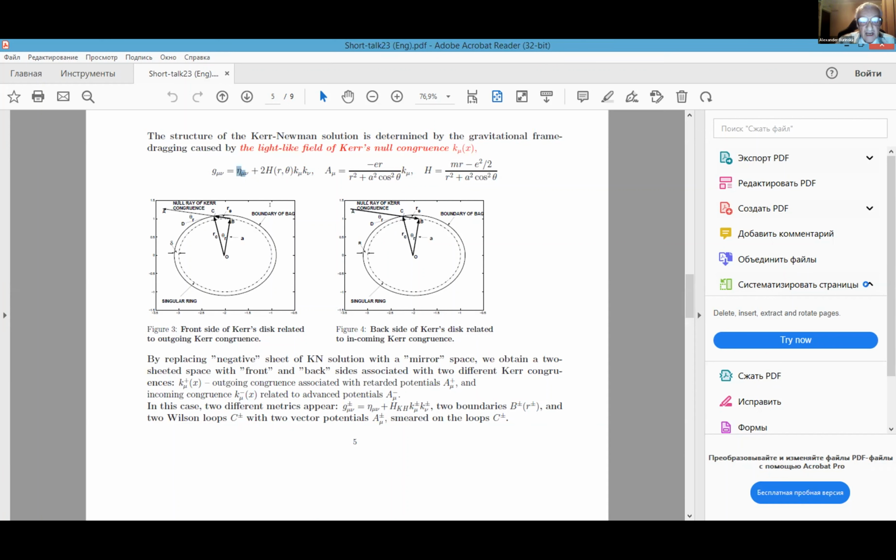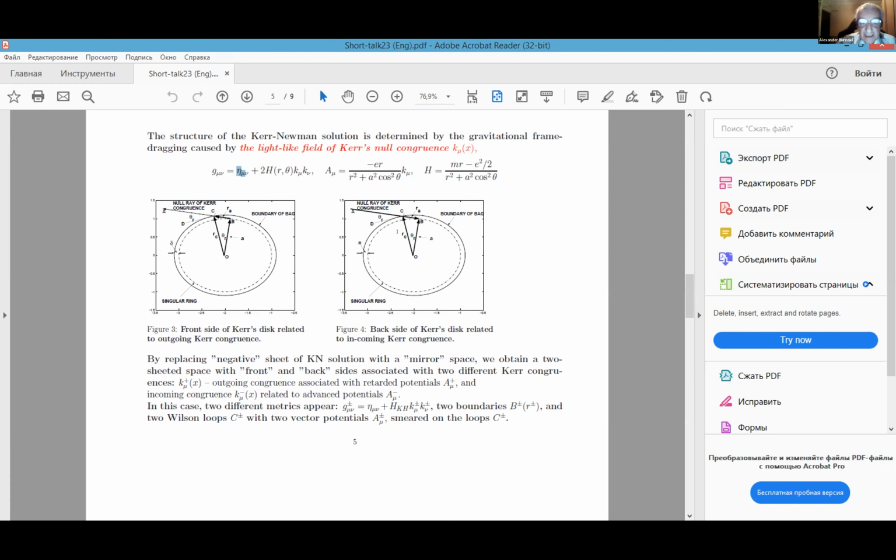The Kerr solution is two-sheeted, with a face part and a back part. They differ because for the face part, the Kerr congruence is tangent to the Kerr ring and going out of the Kerr ring.